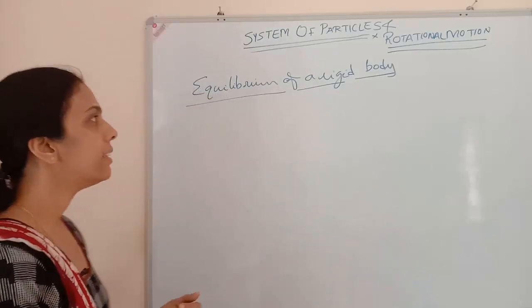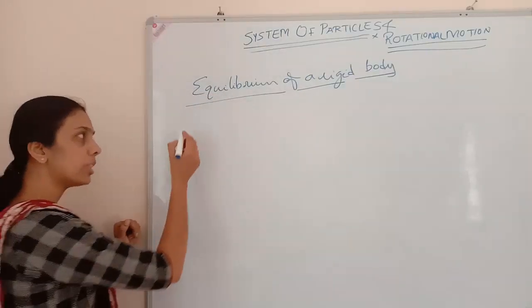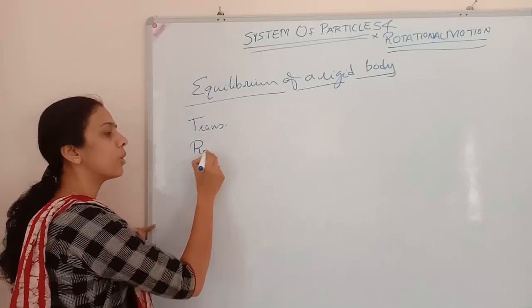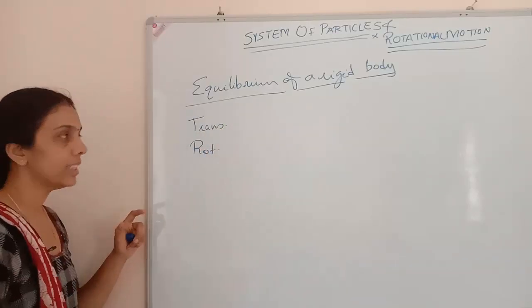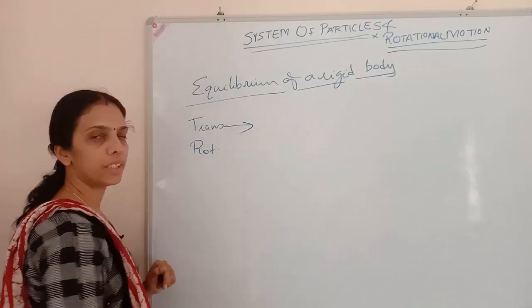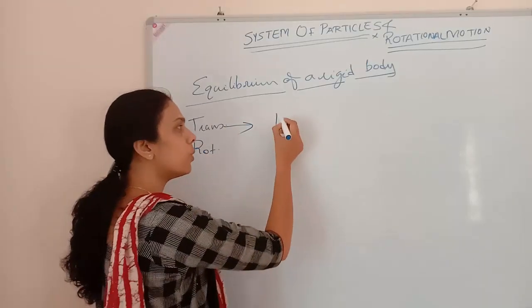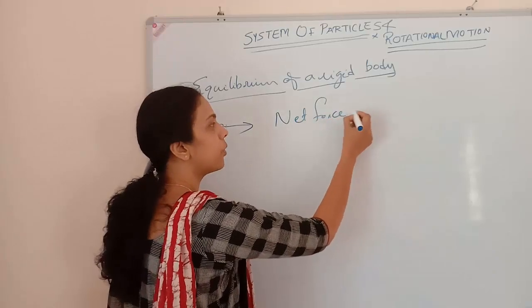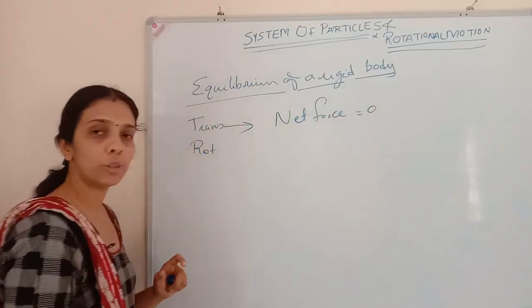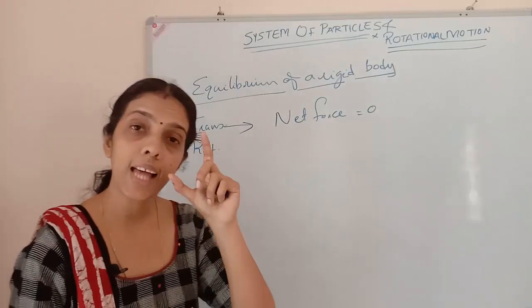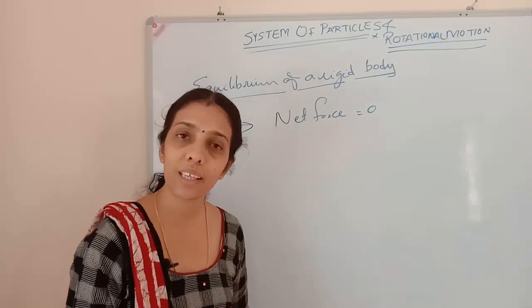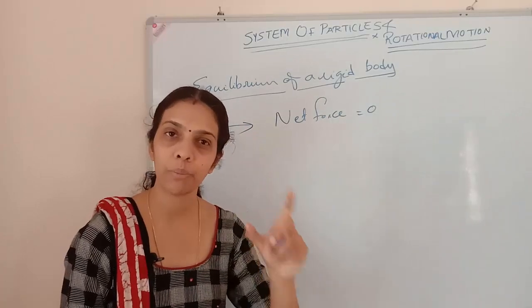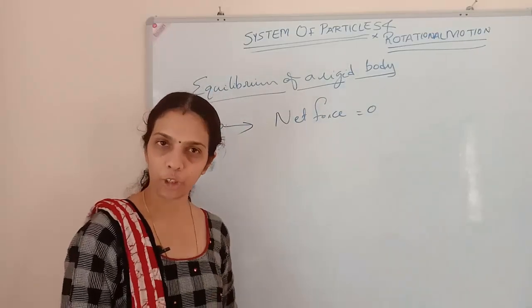So in the case of a rigid body, we should consider the translational motion as well as the rotational motion. In translational motion, if the net force, the algebraic sum of all the forces acting on the system, is equal to 0, then the rigid body will be in translational equilibrium.